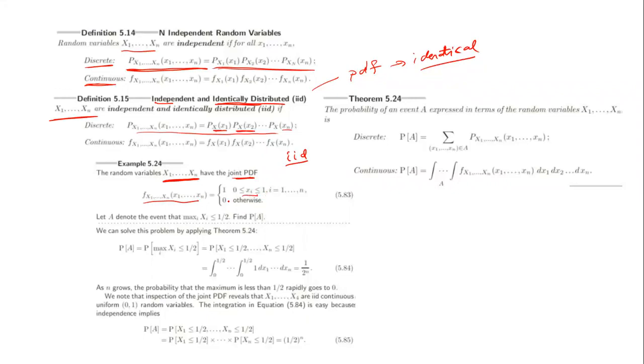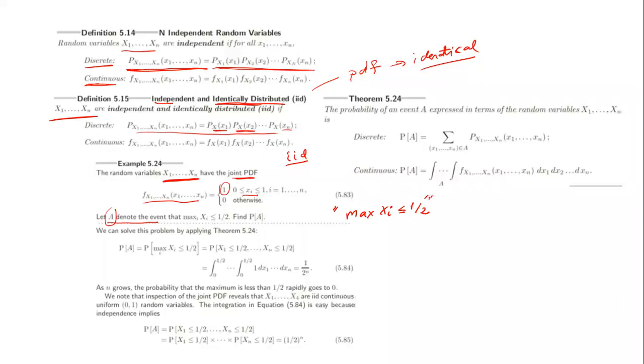Okay, and the joint PDF is unity, 1. Now, we define an event A, which says the maximum xi, so any random variable, should be less than or equal to 1/2. Okay, that's the event.